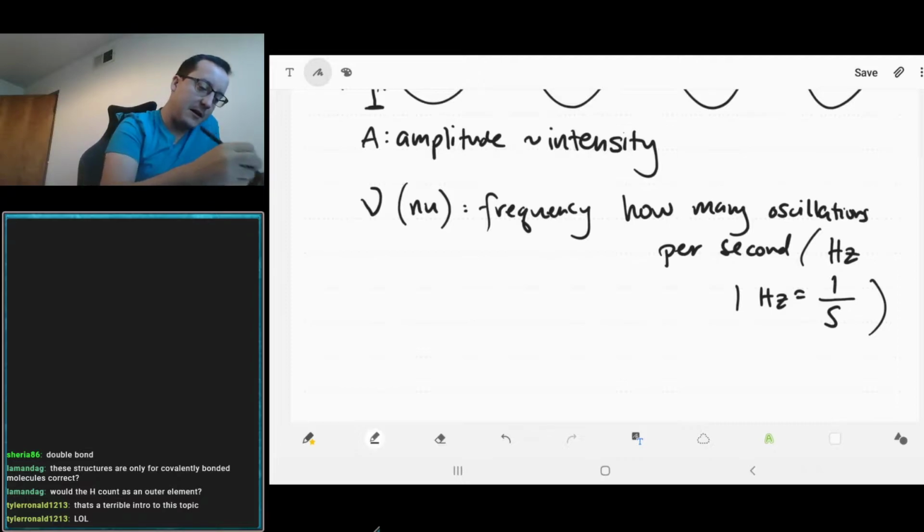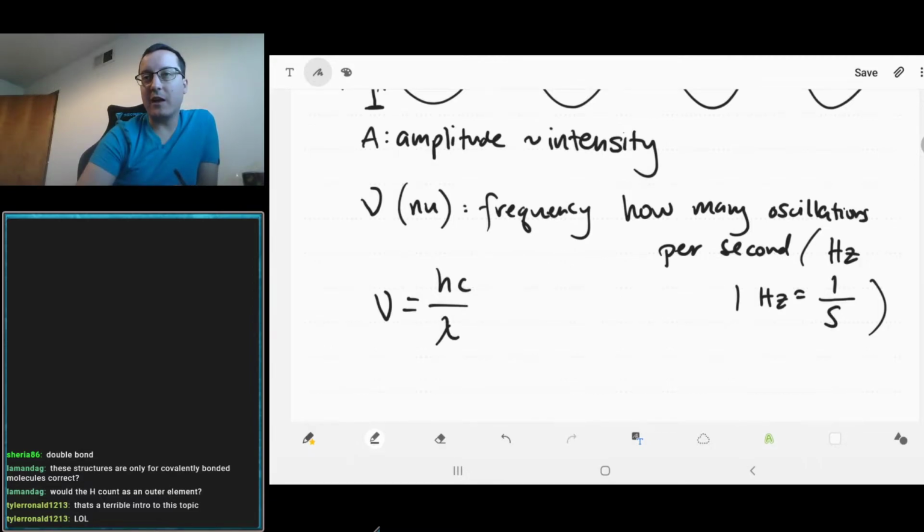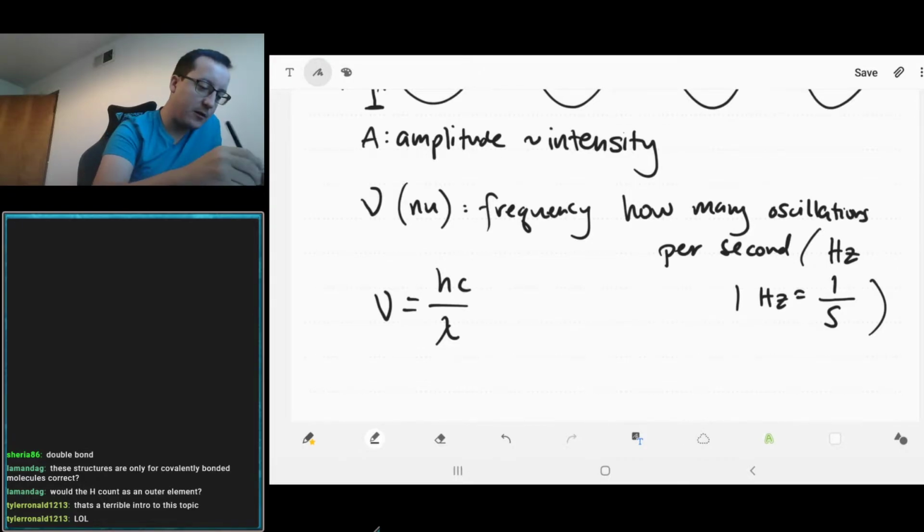All right, it turns out that the frequency is related to the wavelength. Nu equals c over lambda.